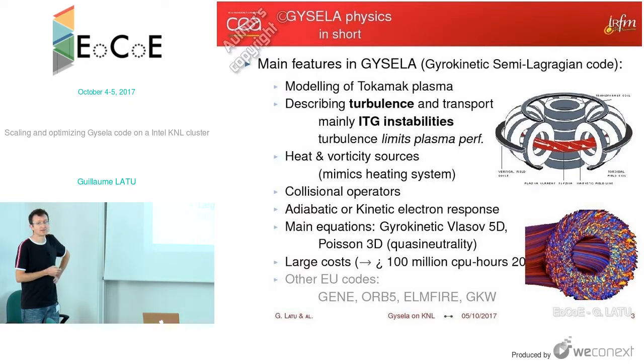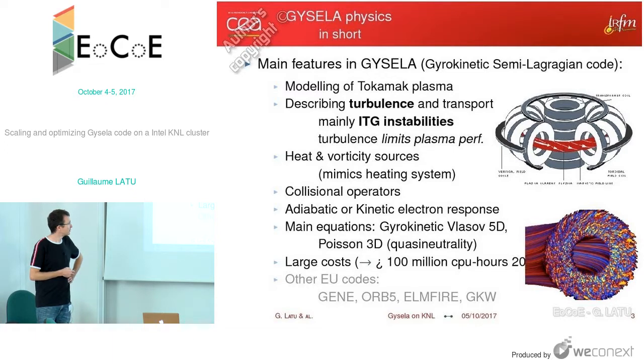We have several modules of physics: heat and vorticity sources that mimic the heating system, collisional operators, and adiabatic or kinetic electron response. 2 equations are solved mainly: the gyrokinetic Vlasov equation over a 5D phase space, and the Poisson equation in 3D.